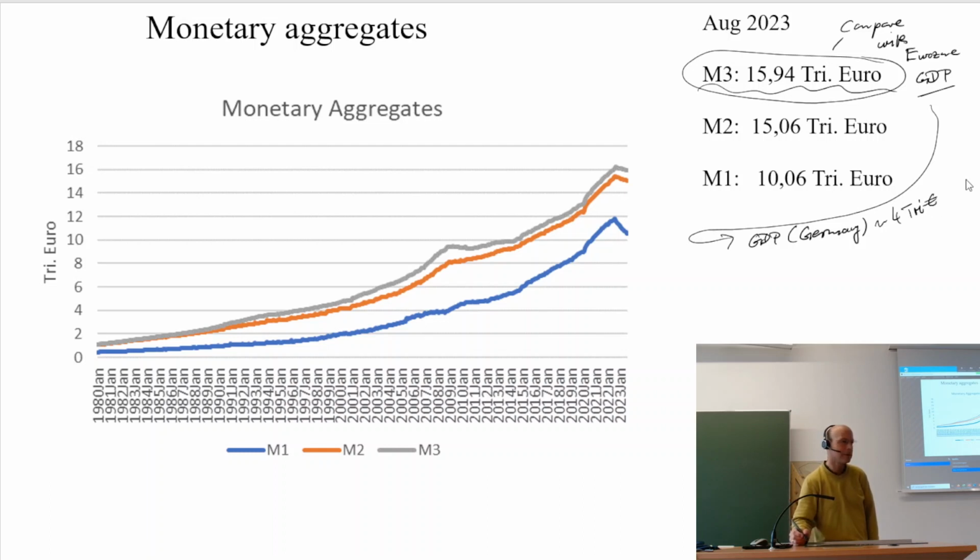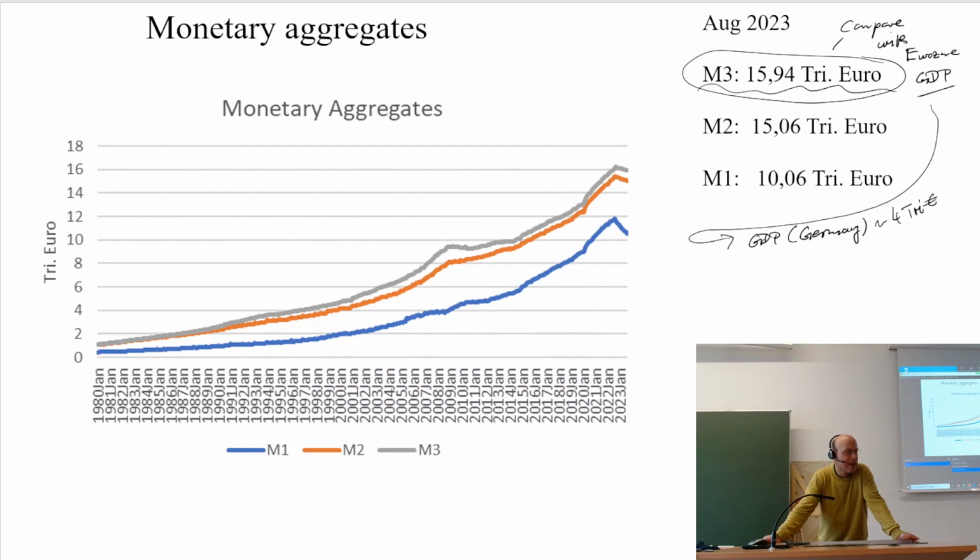And do you know what is the part of Germany of the Eurozone? An idea? Well, this also we can approximate. We talked about how to interpret GDP as a measure of the performance of a country.